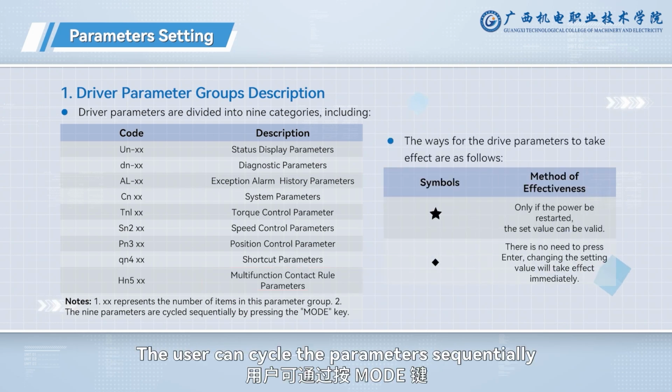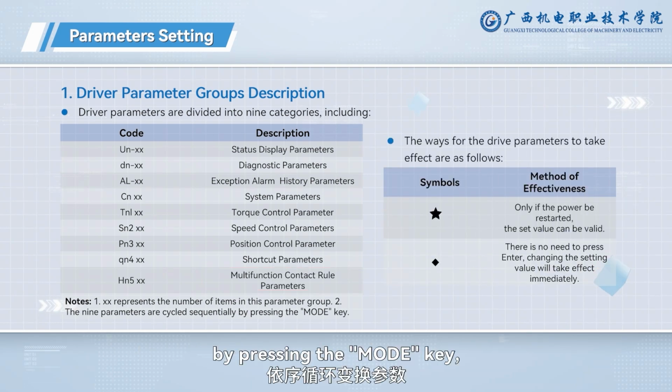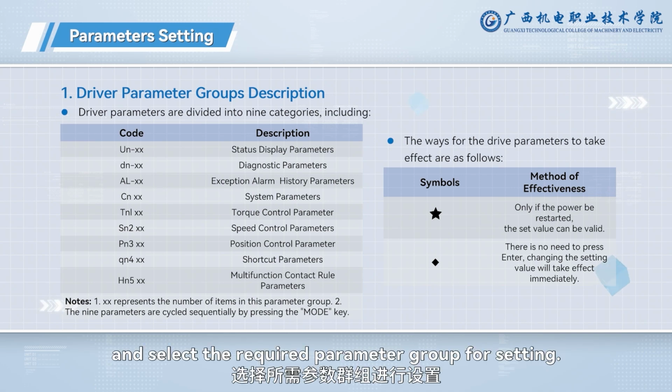The user can cycle the parameters sequentially by pressing the mode key and select the required parameter group for setting.